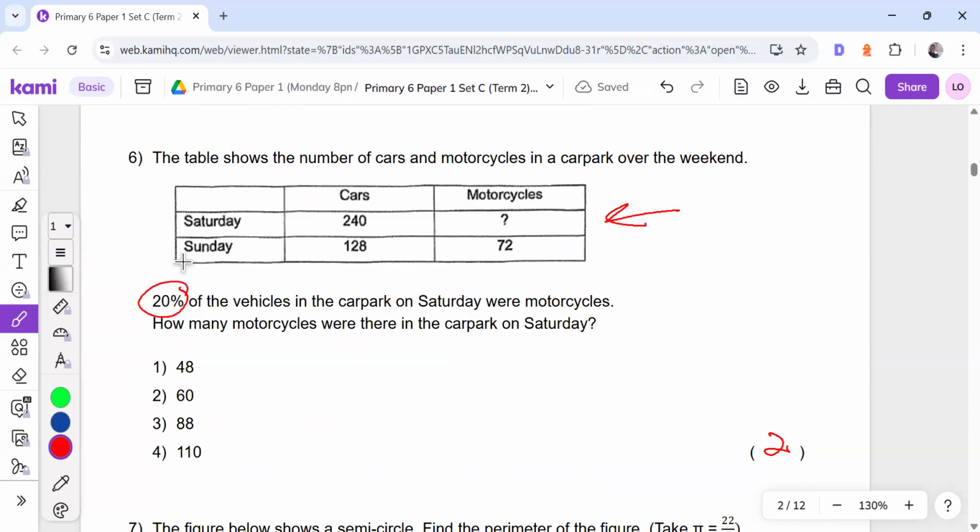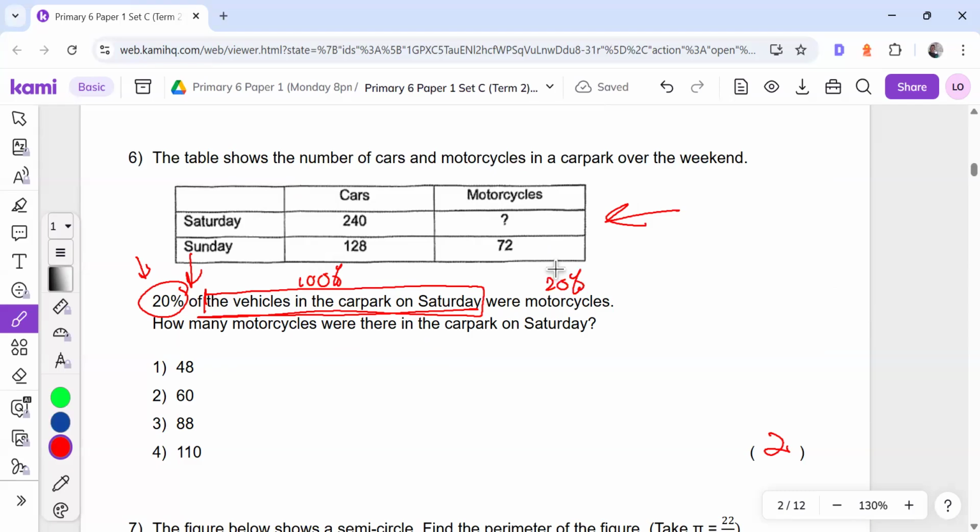Now, those of you in my lesson, I always tell you what is the fraction, what is the percentage talking about. You look at what's behind the "of". It's talking about the vehicles in the car park on Saturday, right? So it's talking about this. So this vehicle in the car park on Saturday is 100%. So that tells you that your motorcycle is 20%, right?